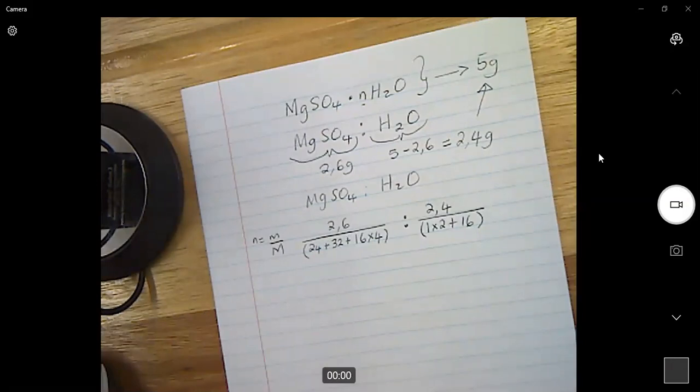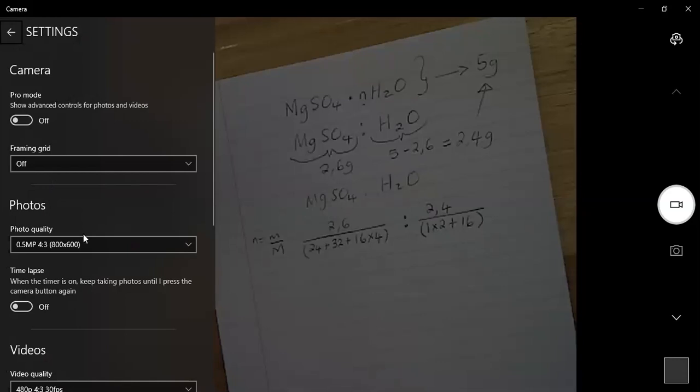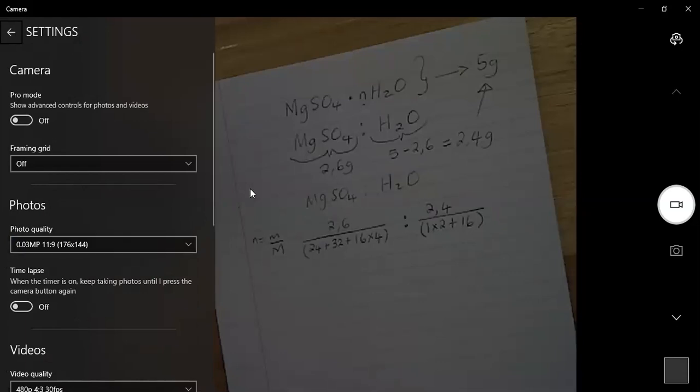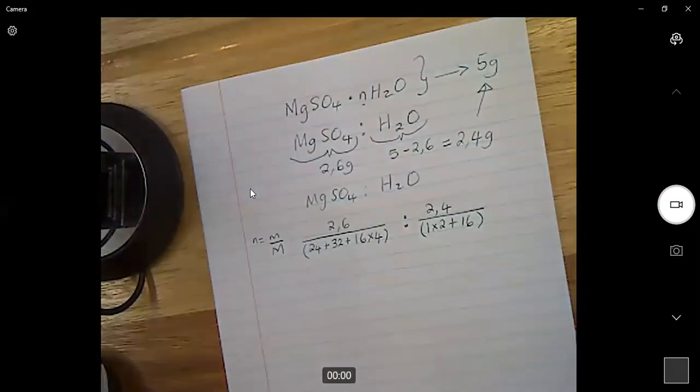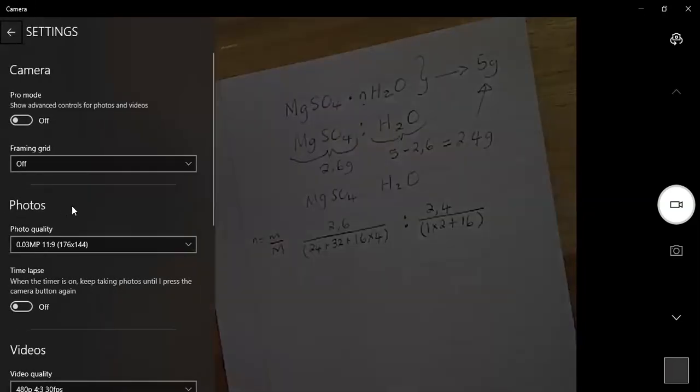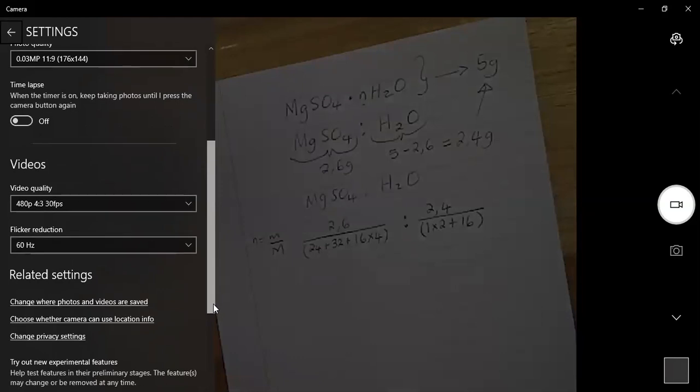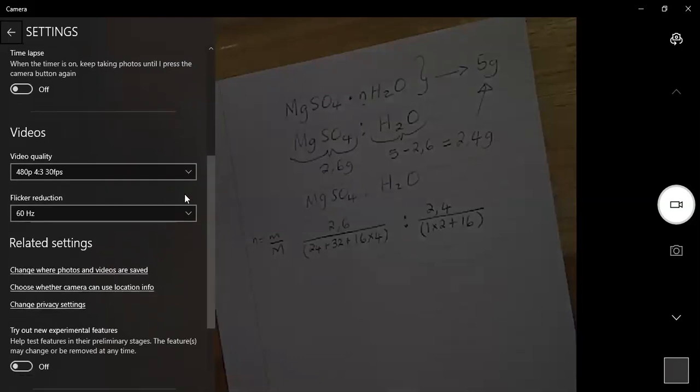Let's check. Flicker reduction, what's that?